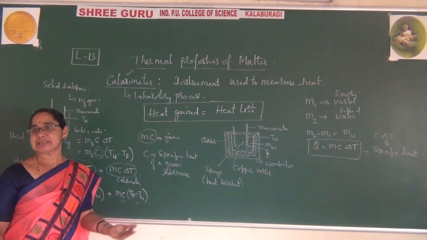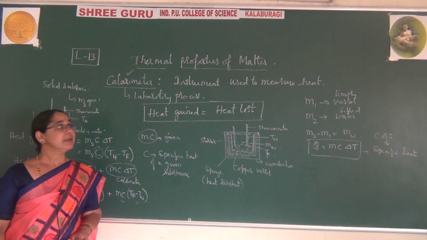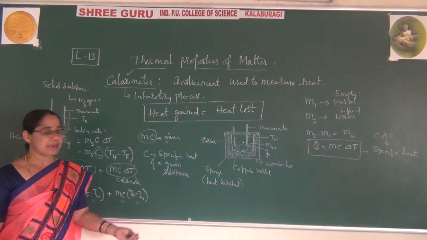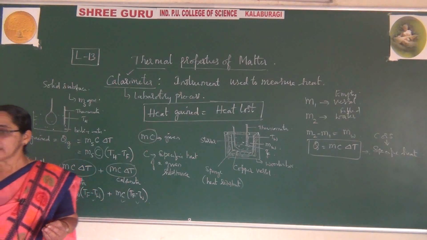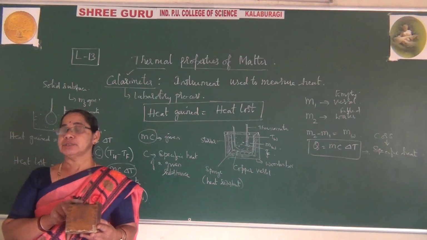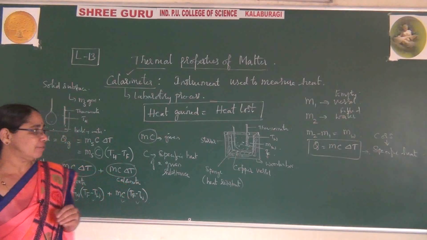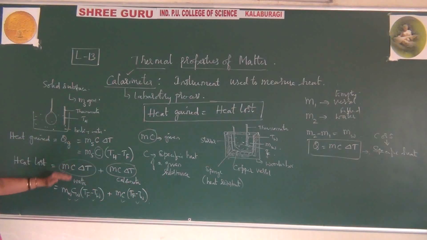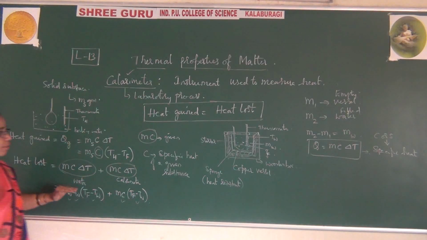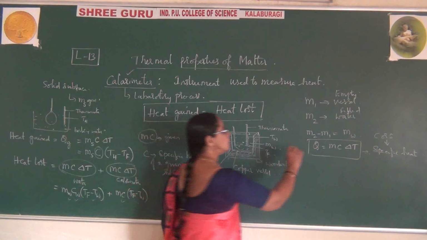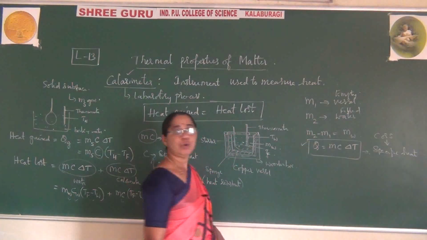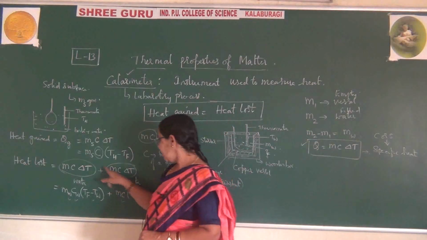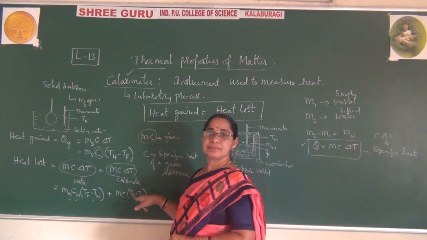In the previous class I explained calorimetry, and today I explained the experiment with the help of this instrument. Better you go through the things carefully, and you should remember how to write the equations. This is the step we have to follow, and with the help of that we will write this process.